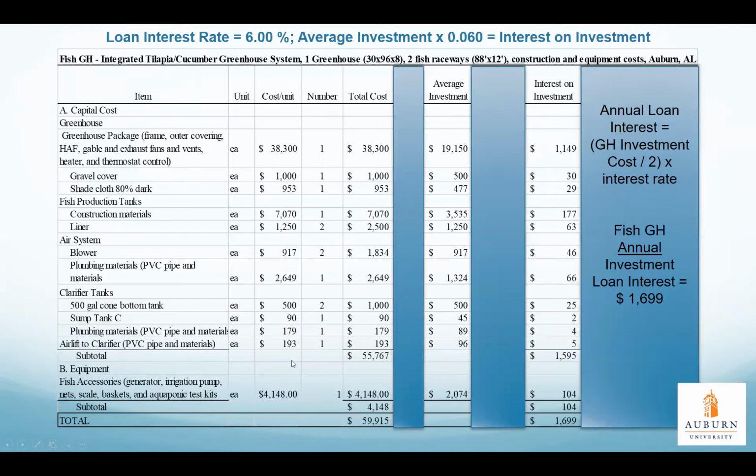So when we look at this same investment table, what we're now looking at is the annual loan interest. We look at this total cost of the greenhouse package, which includes all these items, and we divide it by 2 and we get 19,150, and then we multiply it by this 0.06, which is 6%, and gives us $1,149 of interest. And then we add all of these up and we come up with $1,699 for the fish greenhouse.